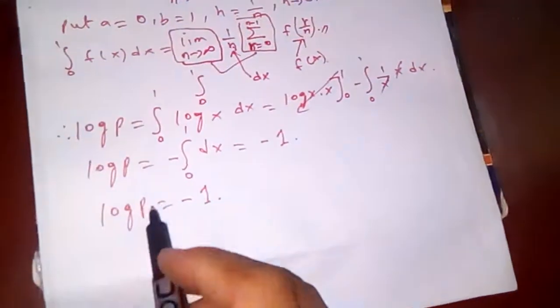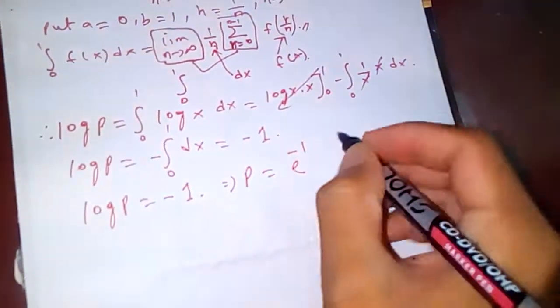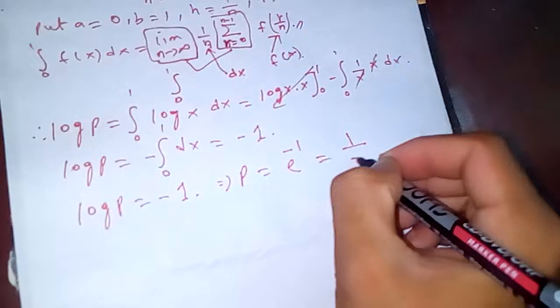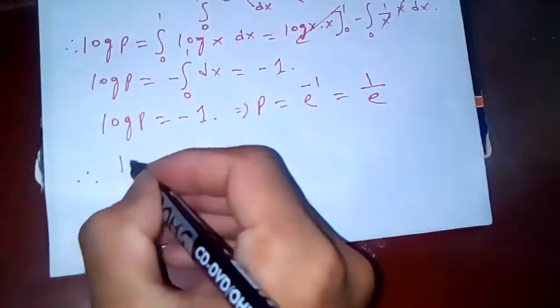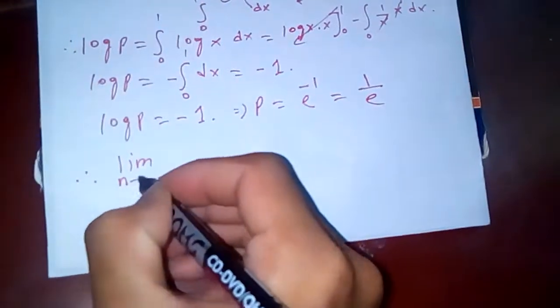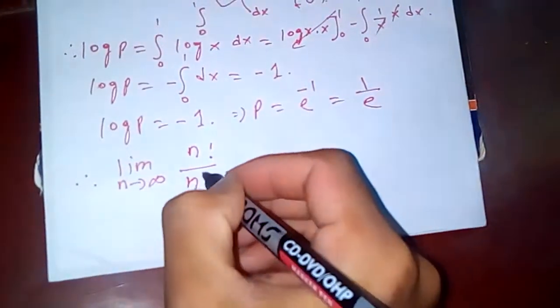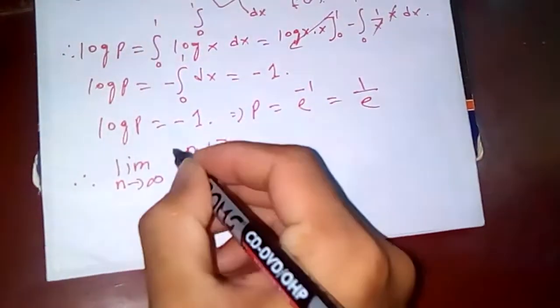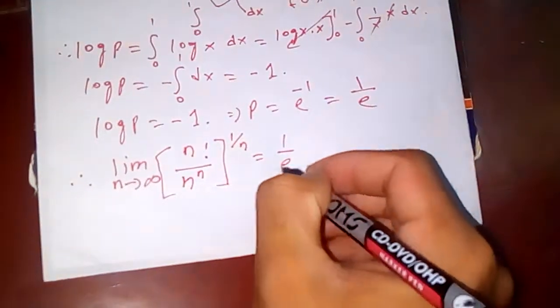So our p will be e to the negative 1, which is nothing but 1 over e. In other words, I can write that limit n tends to infinity n factorial over n to the power n, to the power 1 over n is nothing but 1 over e.